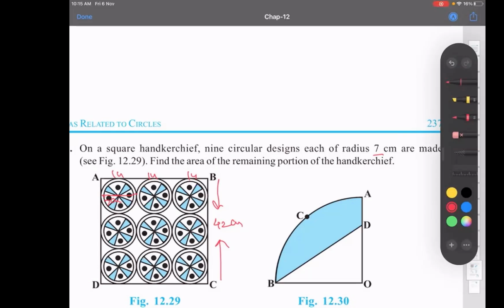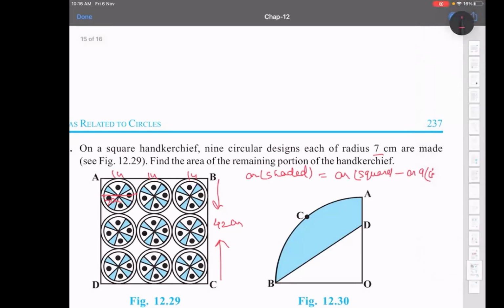If from the area of the square I subtract the area of 9 circles, then I will get the area of the remaining portion. Yes or no?